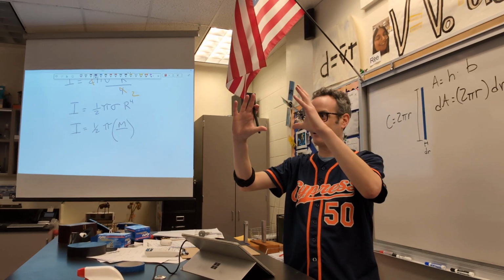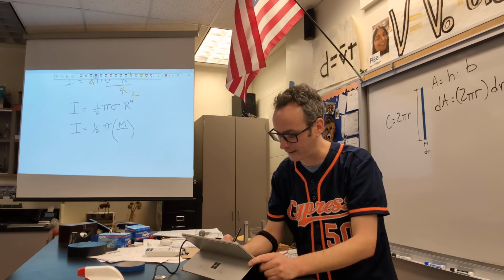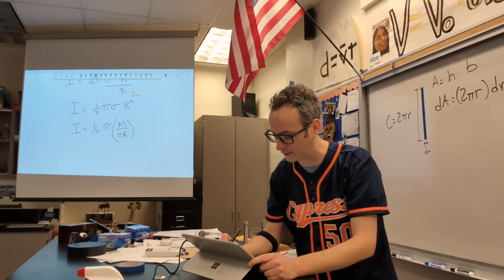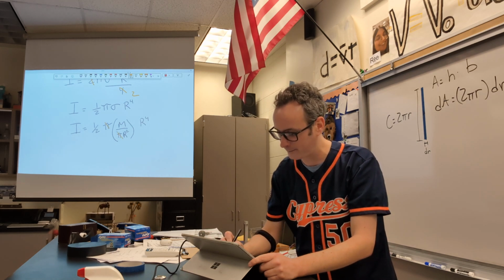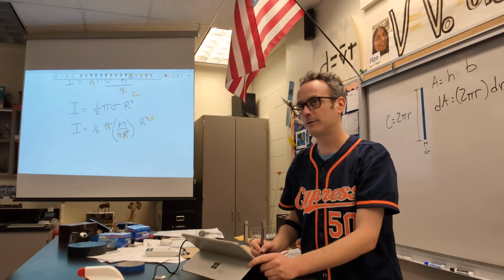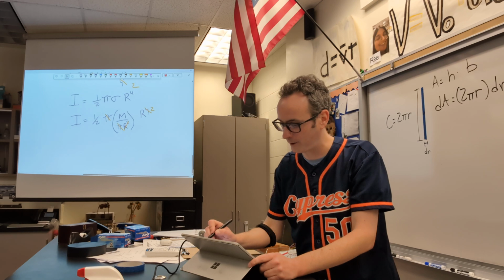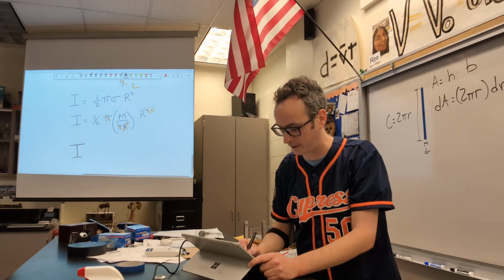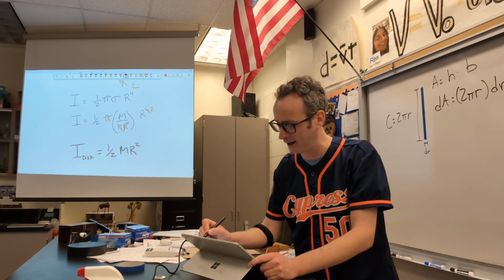Pi r squared. And in this case, it's going to be the total area, so that's pi capital R squared, times R to the 4th. And we can see, lo and behold, pi cancels, R squared cancels. So 2 R's cancel up there, and we get the moment of inertia of a uniform disk, the one you know and love, 1/2 MR squared.